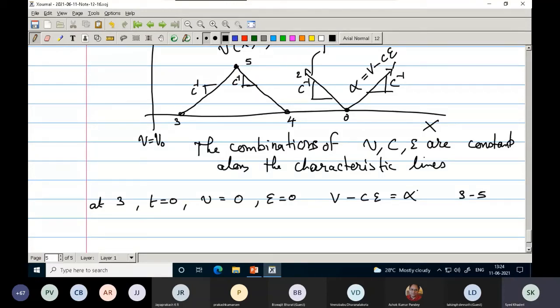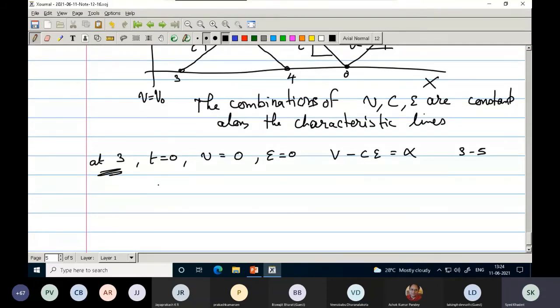I can find alpha by evaluating this expression at point number 3.